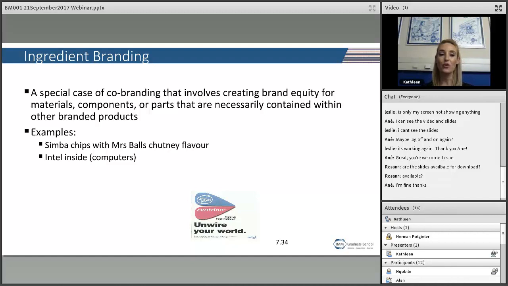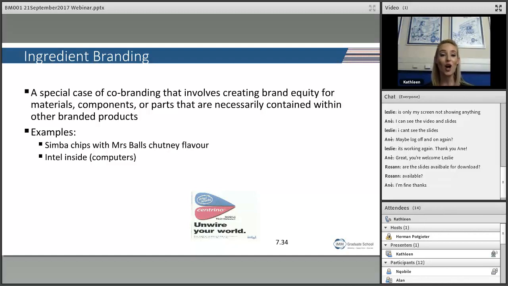Then we get ingredient branding. So this is a type of co-branding where you will use the partner brand as an integral ingredient in your particular product. A common example to anyone who has a computer is Intel Inside, where Intel provides the hard drive for inside your computer, and it often makes you feel that the computer system or laptop that you are purchasing is good quality because there's a good quality ingredient.